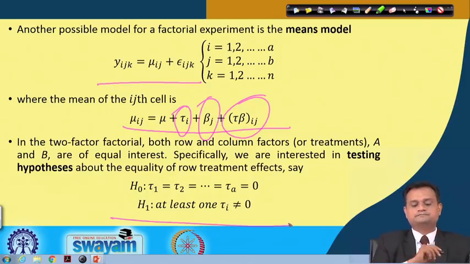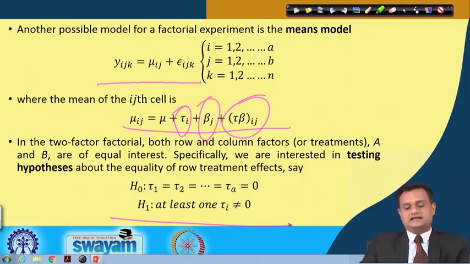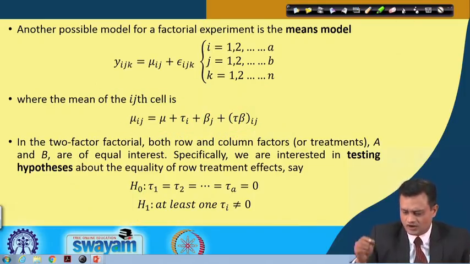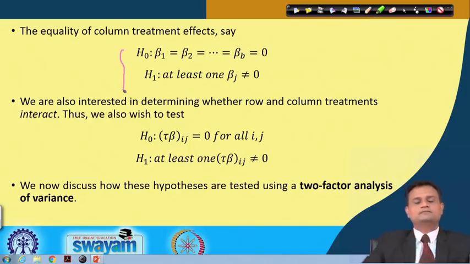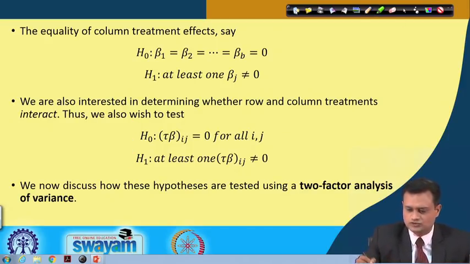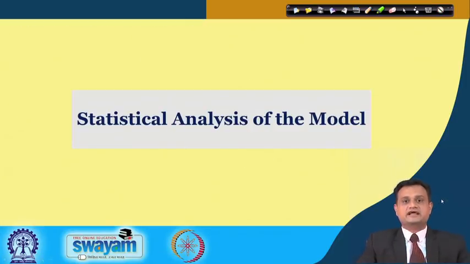I can have the null hypothesis that tau i is equal to 0, meaning tau 1 is equal to tau 2 is equal to tau a is equal to 0, and the alternate that at least one treatment tau i is not equal to 0. I think you are familiar with this kind of treatment, because you have two factors, row and column. Similarly, you can set the null and alternate hypotheses for the column factor and for the interaction, and this will help you investigate the two main effects and the interaction effect.